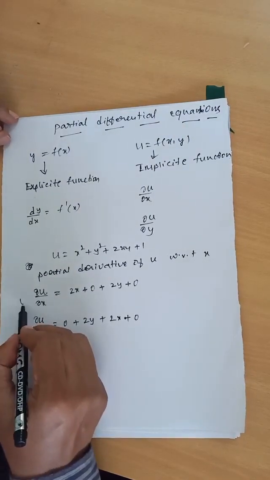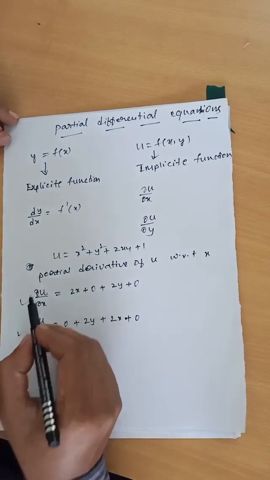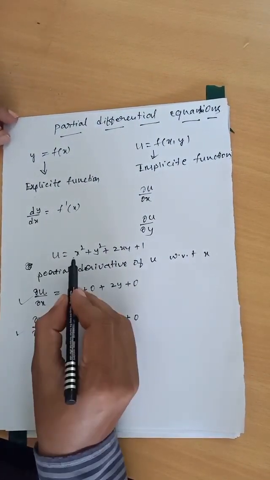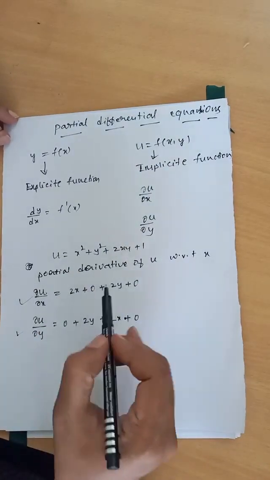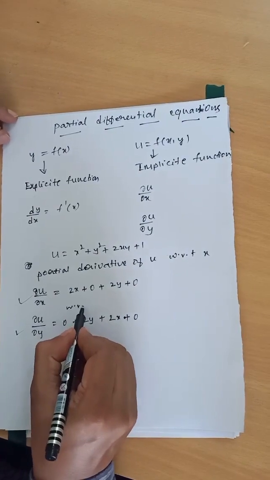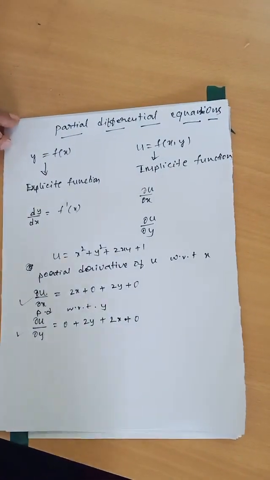All are confirmed about these two types of partial differentiation, with respect to x and with respect to y. So this is the example to understand the partial derivative with respect to x and with respect to y.